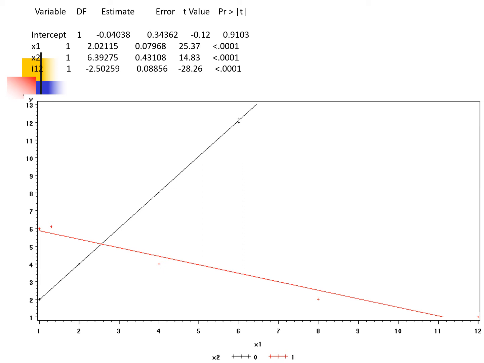Putting that interaction term moves us from the restrictive situation on the previous slide where we're forced to fit two lines under the restriction they have to be parallel. Adding that interaction essentially removes that restriction. And as soon as we remove that restriction, SAS says, boom, I can fit two great looking lines. The black line for the grad students, the red line for the undergraduate students, and now we're fitting that data very, very well.